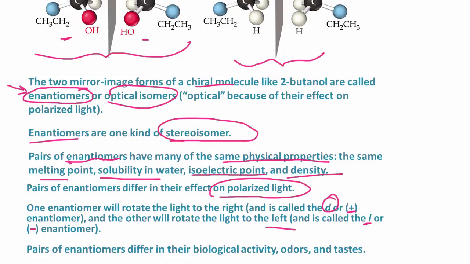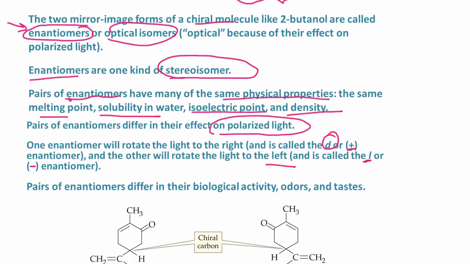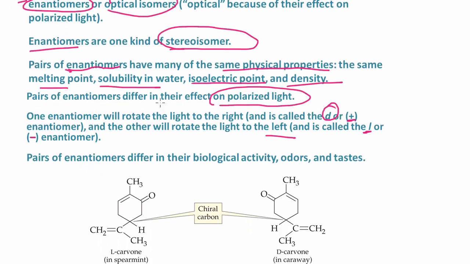Now, pairs of enantiomers have the same physical properties as we just said, but the one thing they differ in, besides how they affect polarized light, is their biological activity, odors and tastes. So this is why it's important in biochemistry that we are able to identify enantiomers.